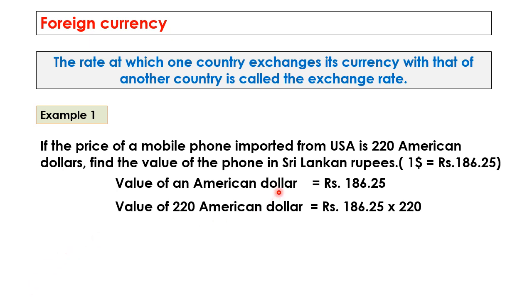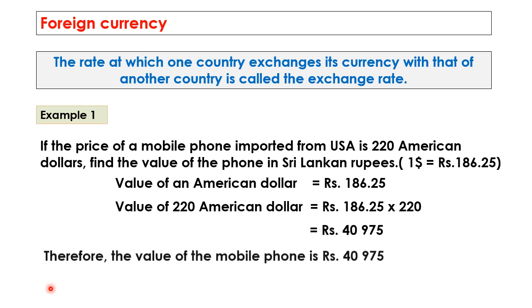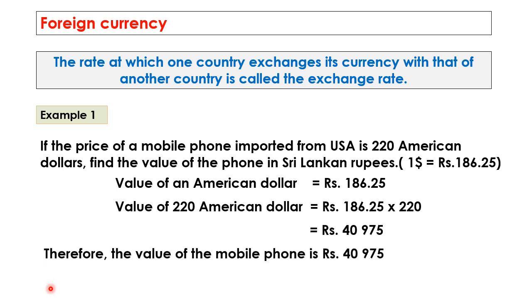The value of 1 American dollar, 186 rupees 25 cents. Therefore, the value of 220 American dollars is 186.25 multiplied by 220. So we can find the value of the mobile phone in Sri Lankan rupees, which is 40,975.